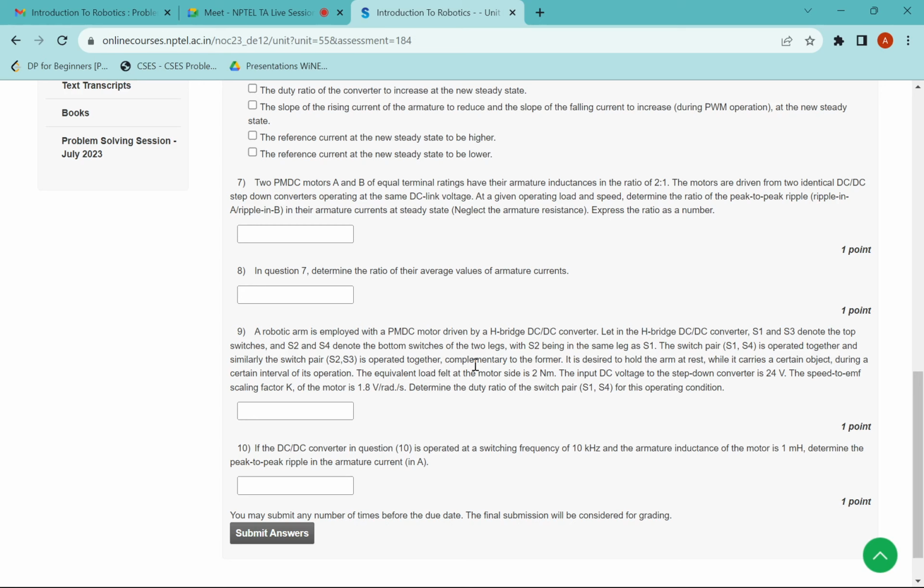We have to find the peak to peak ripple, and this question also depends on this. For the peak to peak ripple, we need VG minus VA, so we need to find the duty cycle. It's a kind of linked question. Earlier, this question used to come in 2014 or 15. But how can you solve it, sir, when the data is not given?